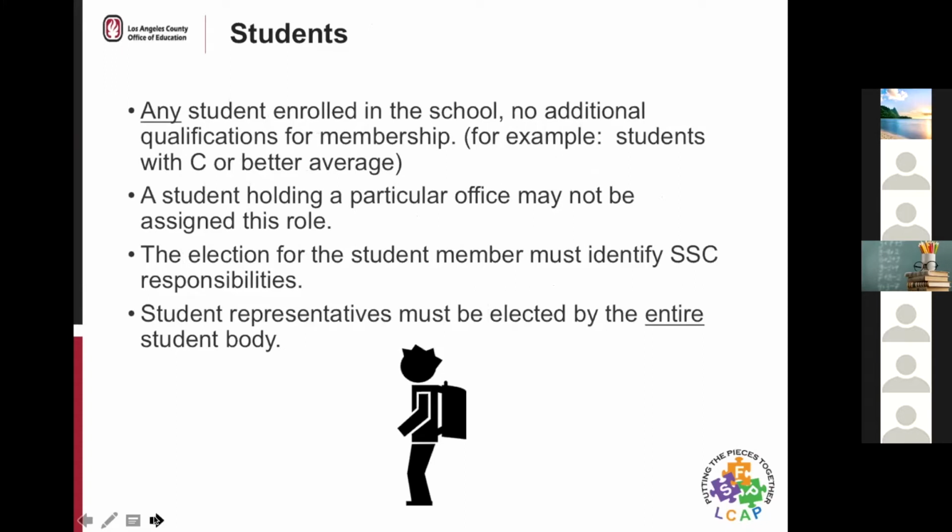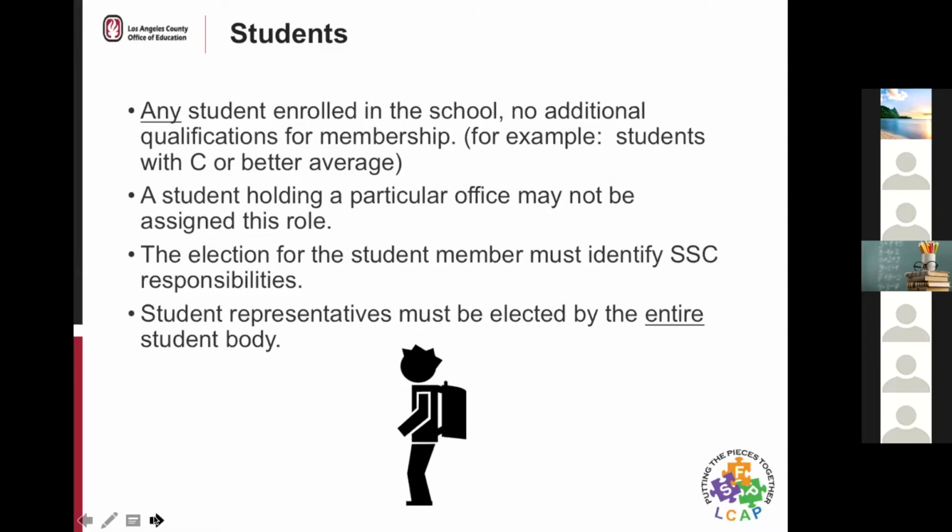So as previously mentioned, at the secondary level, students are required to serve on the parent community student group member side. The option to serve on the school site council must be open to any student enrolled in the school, meaning the school or district cannot set additional qualifications for membership.